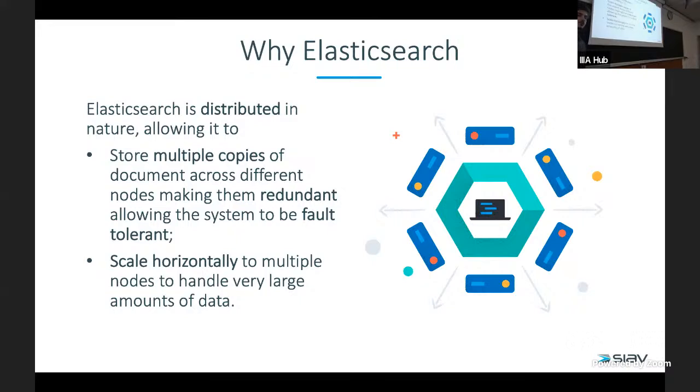So the only solution here is to distribute the load across multiple computers. And if the amount of documents were to increase, you will just add more nodes and your system will still be stable and able to deal with your requirements.